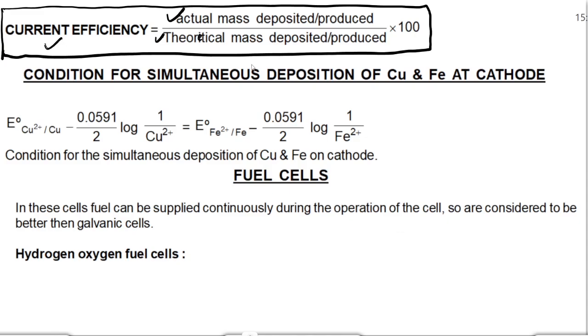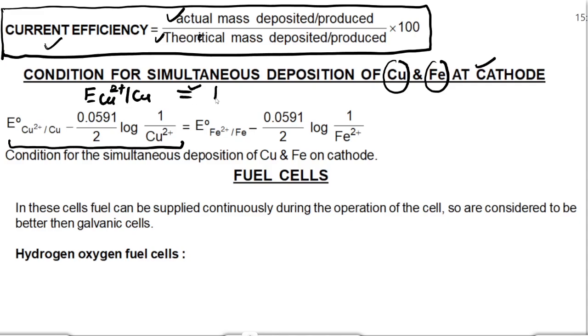And if we have simultaneous deposition of copper and iron at any electrode, then keep in mind E cell of both should be equal. See, this is E of copper 2 plus copper, that should be equal to E of Fe2 plus Fe.